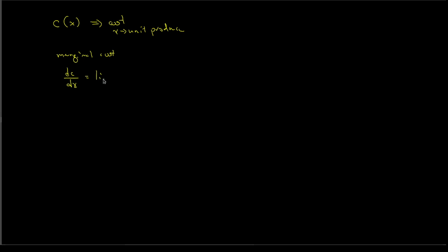is going to be the limit as h goes to 0 of c of x plus h minus c of x. But what we're going to do is do it over 1, the cost of one additional unit.